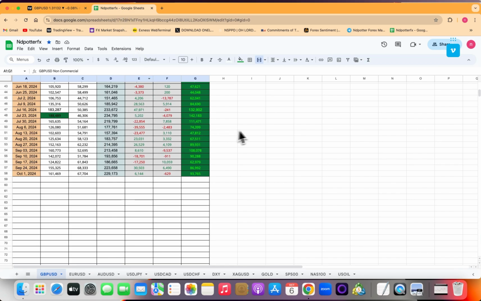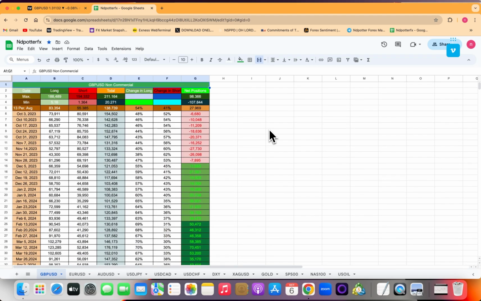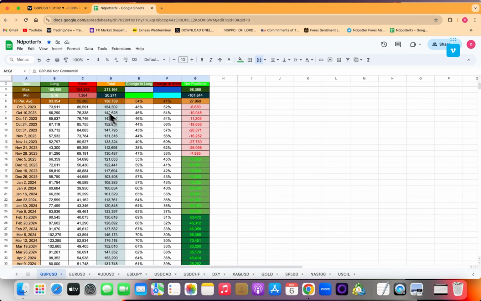Okay, this is the GBPUSD data. Let's look at their max out number on long. As you can see, their max out number on long is 188,489, something like that, and on their short is 154,300. That's their max out number on long and short.